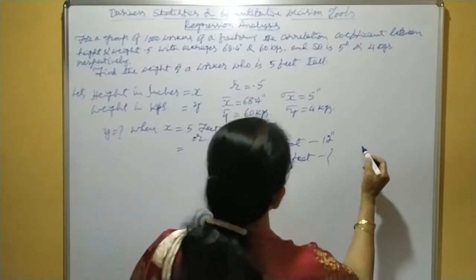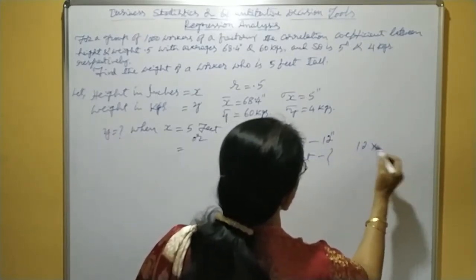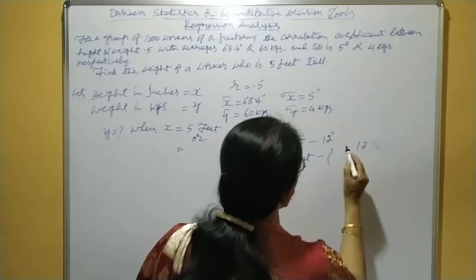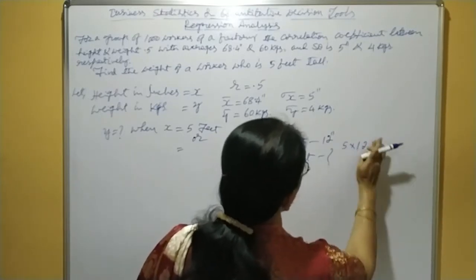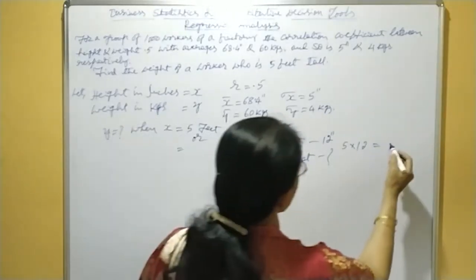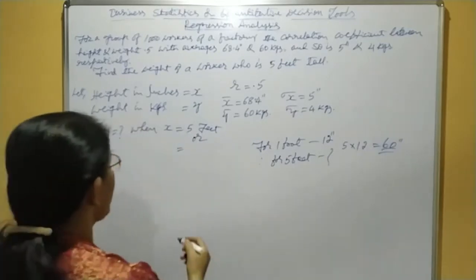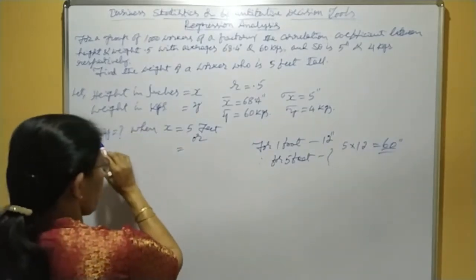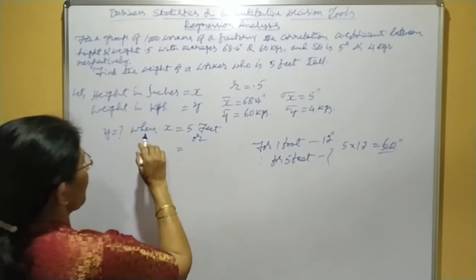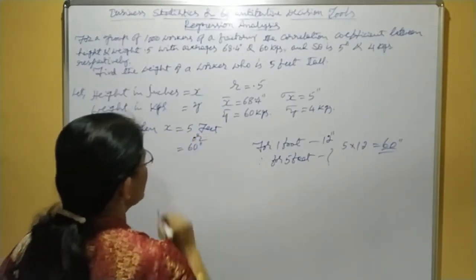You take 5 feet into 12 inches, or 12 inches into 5 feet, both are one and the same. It comes to 60 inches. That means you have to find out y, that is weight, when x equals 5 feet or 60 inches.